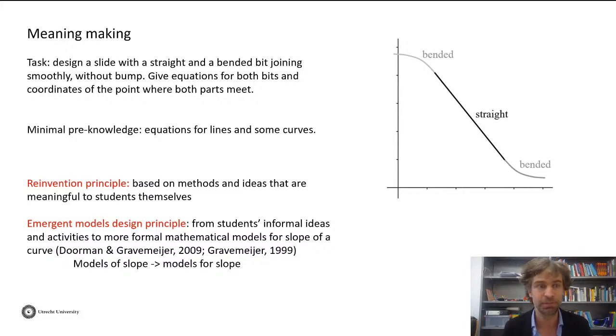It's meaningful to them. And then I think this task suits very well two principles, as also discussed by Paul Drijvers before, namely the reinvention principle. Based on this task, they can start developing notions of derivative. Why? Because if you want this straight line to meet the curved line, it will have to be a tangent line to the curve.